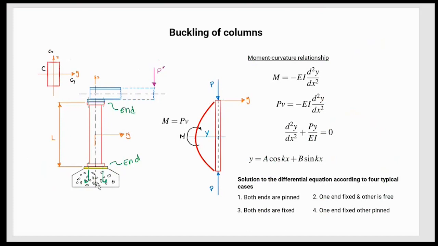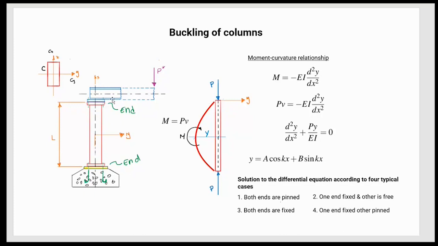Then it could be that both ends are pinned, and we're going to see later what a pinned end is, or both ends are fixed, like it seems to be happening here, or one is fixed and the other is free, or one is fixed and the other is pinned. Those are the cases for functional columns in terms of how they connect to the other two elements here.